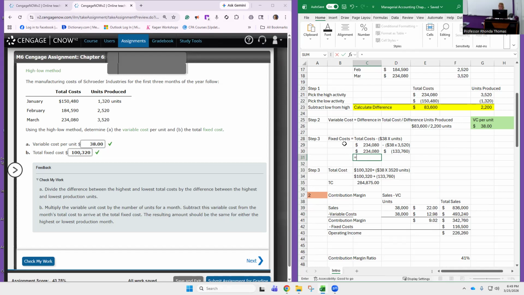Okay, so 234,000 minus, or we just add, okay, because I've got that in as a minus, so we're gonna put these together. We got 100,320 is the fixed cost. So fixed cost, it just keeps going down until you find it.